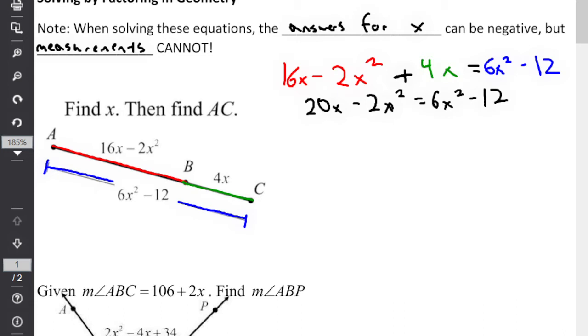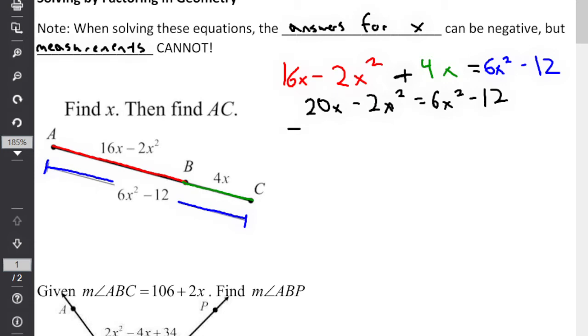The way that I always make things easier for myself is that I want my x squared term to be positive. So I'm going to pick the side that has the bigger x squared, and everything's going to go to that side. Here I have a negative 2x squared and a positive 6x squared. Well, positive 6 wins, so everything moves to the right side.